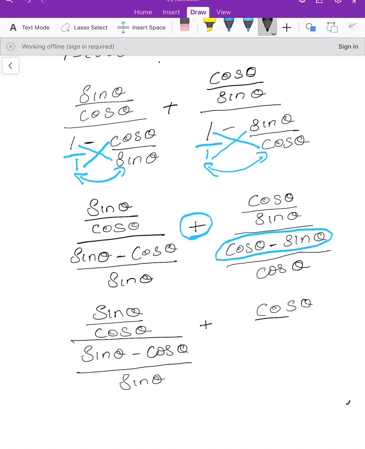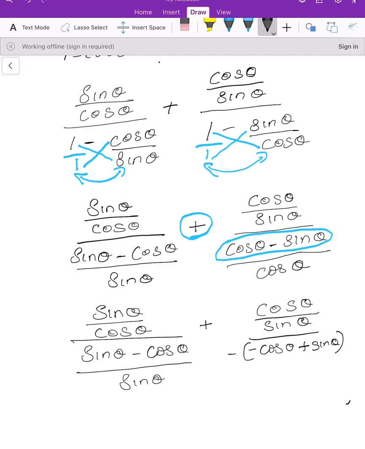Cos theta by sin theta. I'll take one minus sign outside. When I take the minus sign out, this plus cos theta will become minus cos theta, and my minus cos theta will become plus cos theta. Now if I multiply this minus inside, it is plus sin theta.